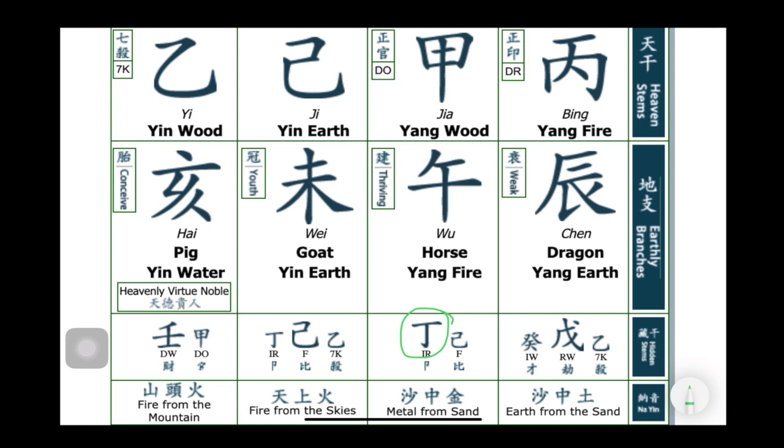And we discern this by determining what is the 10 god that is represented by the main chi of the month branch. In this case, the main chi of the month branch is Ting Fire. For Chi Earth Day Master, Ting Fire represents the indirect resource star. So from there, we move on to the question, what is the personality of a person with an indirect resource structure? To know this, we must have a good understanding of the indirect resource star.